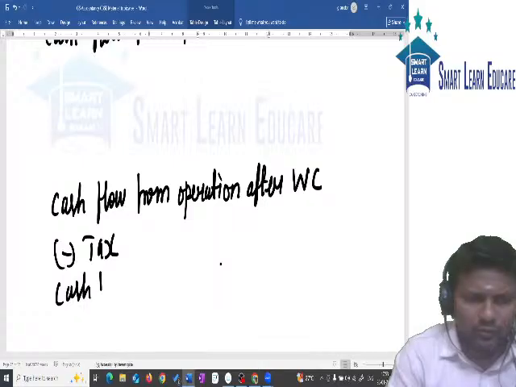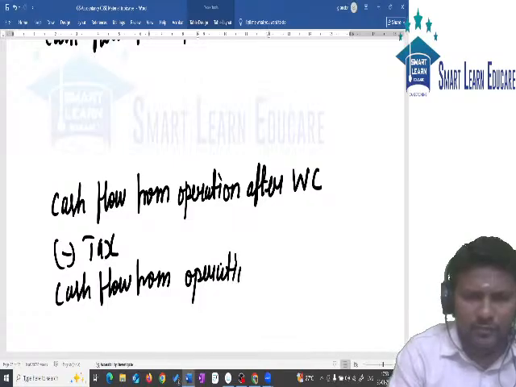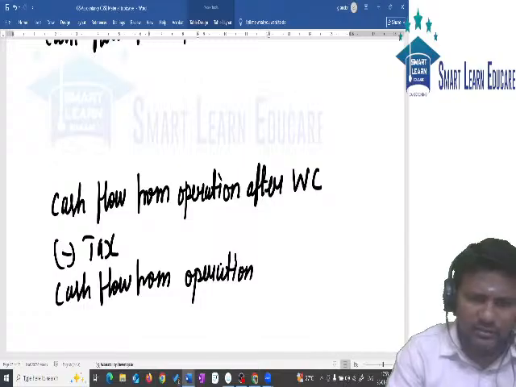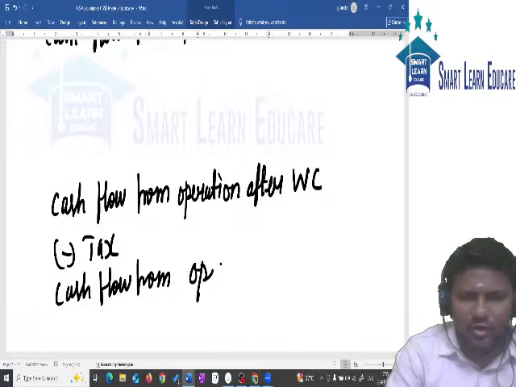Cash flow from operation before extraordinary item. Actually, in this question, this itself will give you the cash flow from operation.